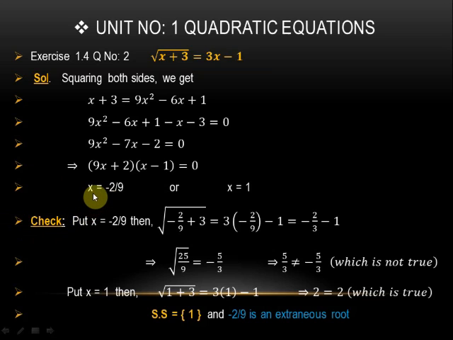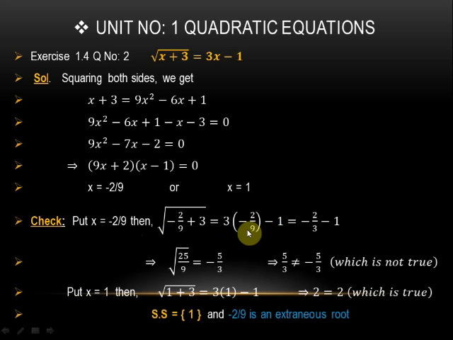We put the value of x equals minus 2 by 9 in the parent equation, under root x plus 3 is equals to 3x minus 1, and get under root minus 2 by 9 plus 3 is equals to 3 into minus 2 by 9 minus 1.